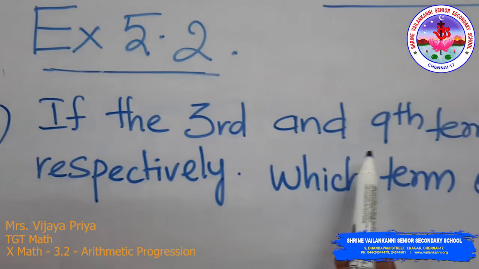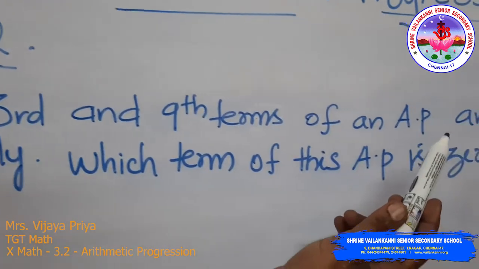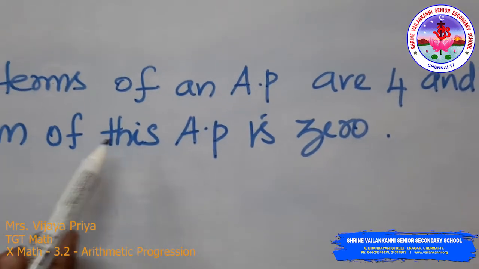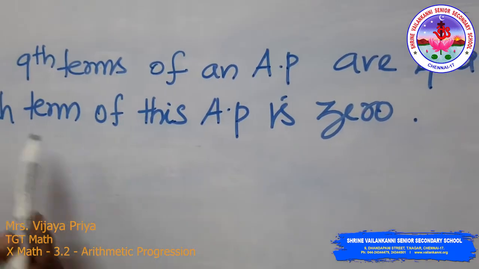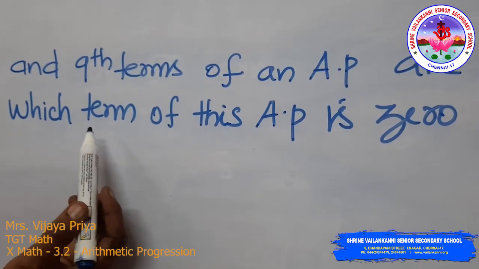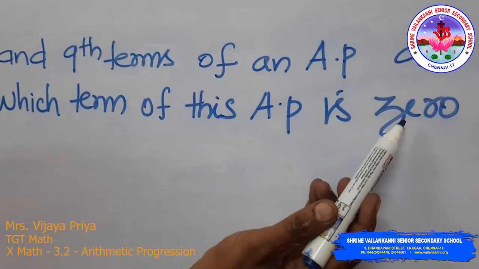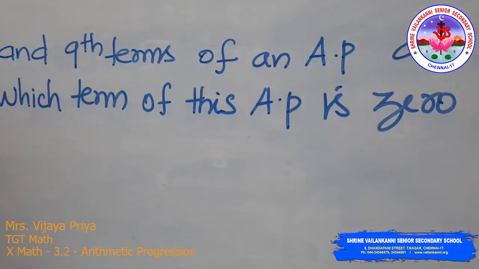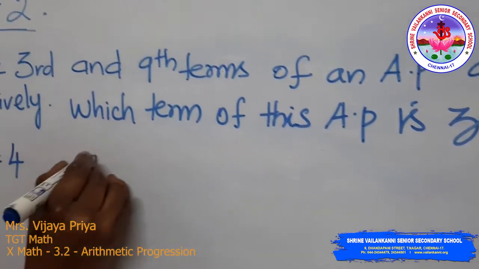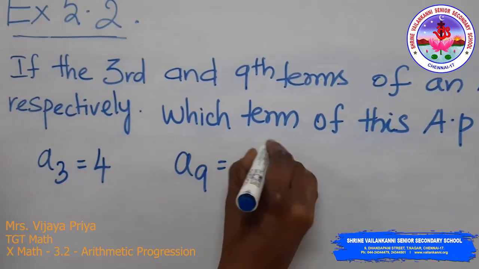If the third and the ninth term of an AP are 4 and minus 8 respectively, which term of this AP is 0? So in this problem, he is asking at what value of n you will have an as 0. The third term is equal to 4 and the ninth term is equal to minus 8.